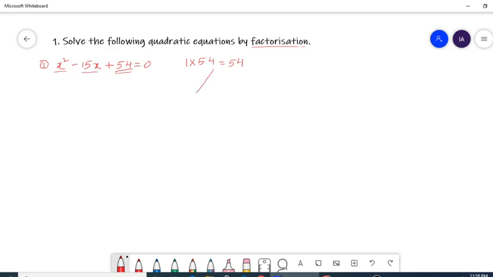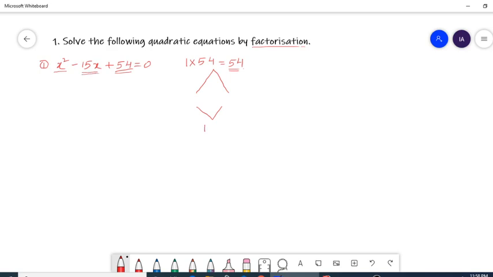Now we need to find two linear factors of 54 in such a way that when you multiply those two factors, they should give 54, and when you add those two factors, they should be the same as the coefficient of the second term. In our equation, the coefficient of the second term is minus 15.